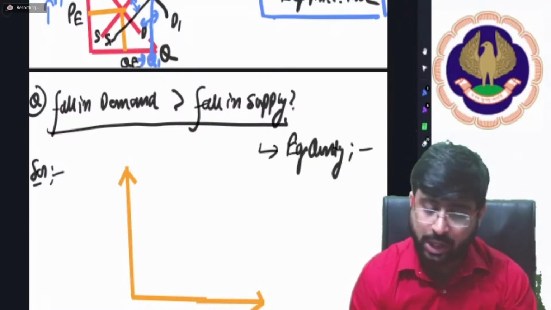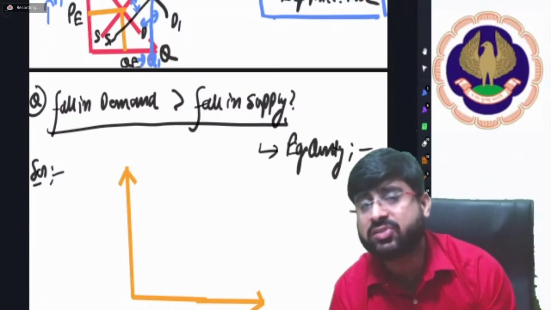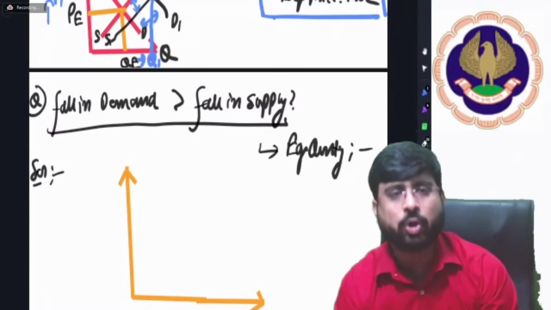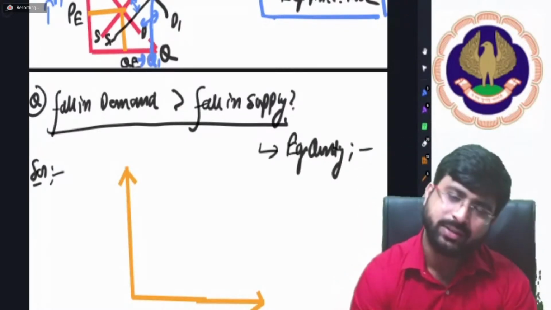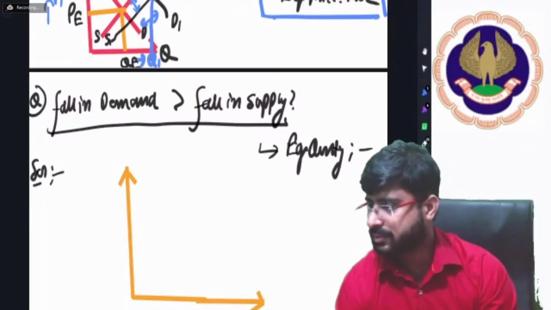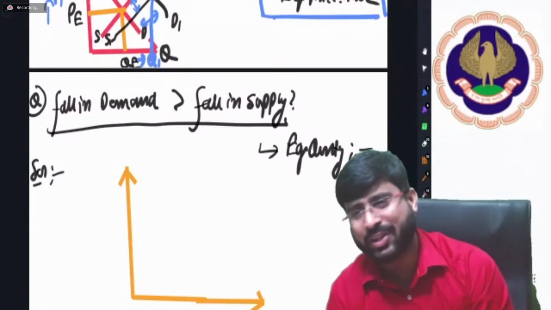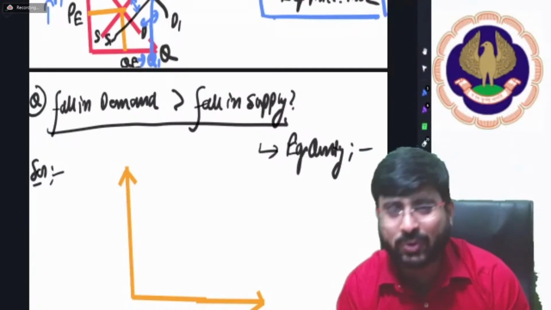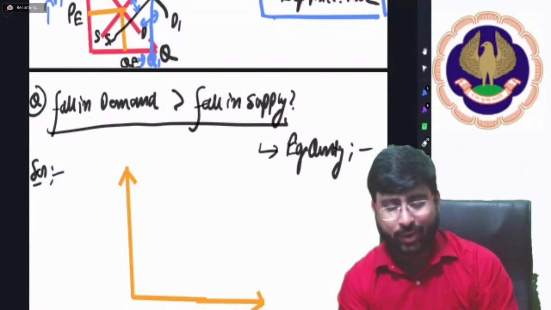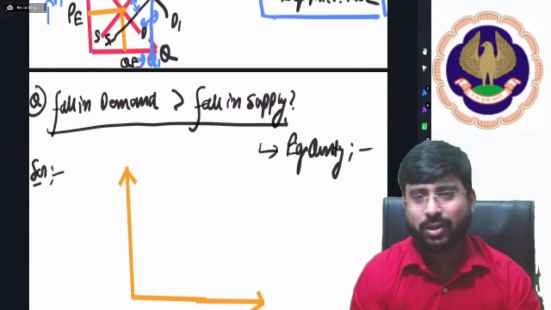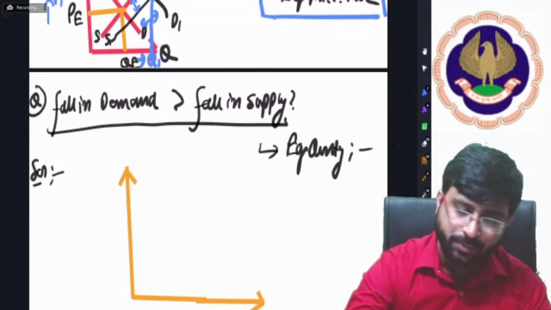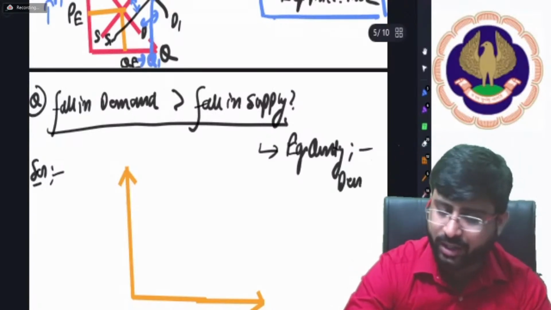Don't answer about price. Tell me about quantity. Yes, sir. If demand is also falling quantity wise, supply is also falling quantity wise, how can the equilibrium quantity rise? Common sense. So obviously equilibrium quantity will decrease.